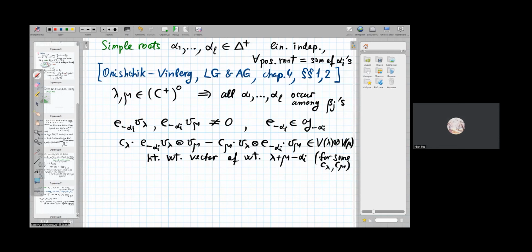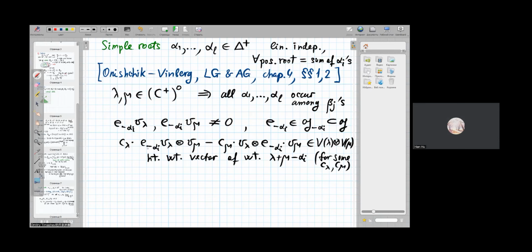Just recall the root decomposition. So E minus alpha I is an element in the Lie algebra. So this sits in the Lie algebra of G. The Lie algebra of G acts on the representation space. So the product is the product of a matrix and a vector.